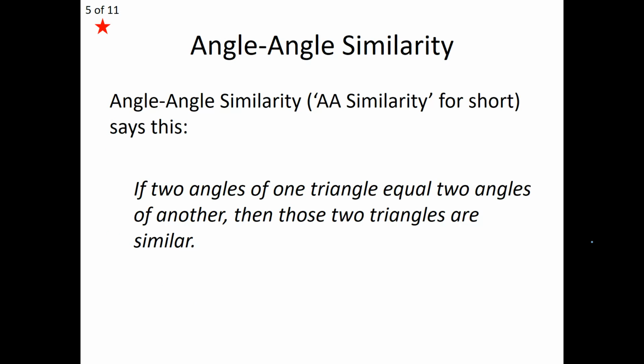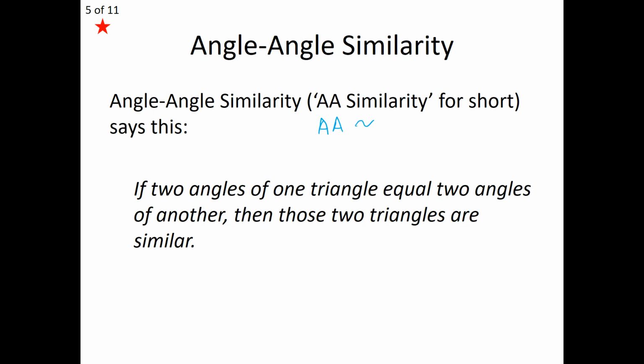So let's talk about what angle-angle similarity is. For us, we can simply write AA similarity. I might shorthand it as angle-angle, and then just use our tilde symbol for similarity. Here's what it states. If two angles of one triangle equal two angles of another, then those two triangles are similar.